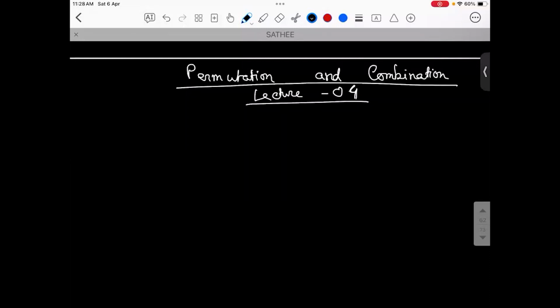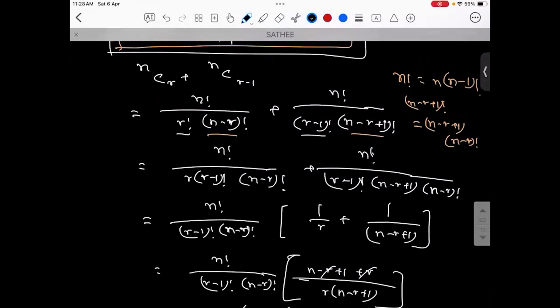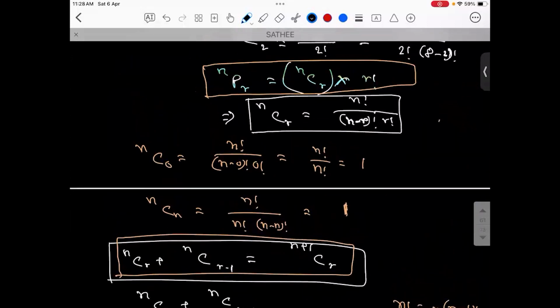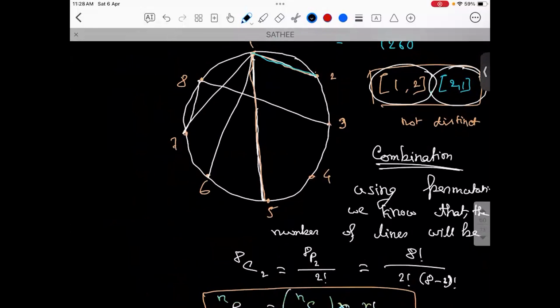Okay, so in the previous lectures, we were discussing permutation, and in the last lecture, we mentioned what is combination. So combination is nothing but permutation where repetition is not allowed, or you can say that the order does not matter that much in this case. So here we have discussed how we can define combination.